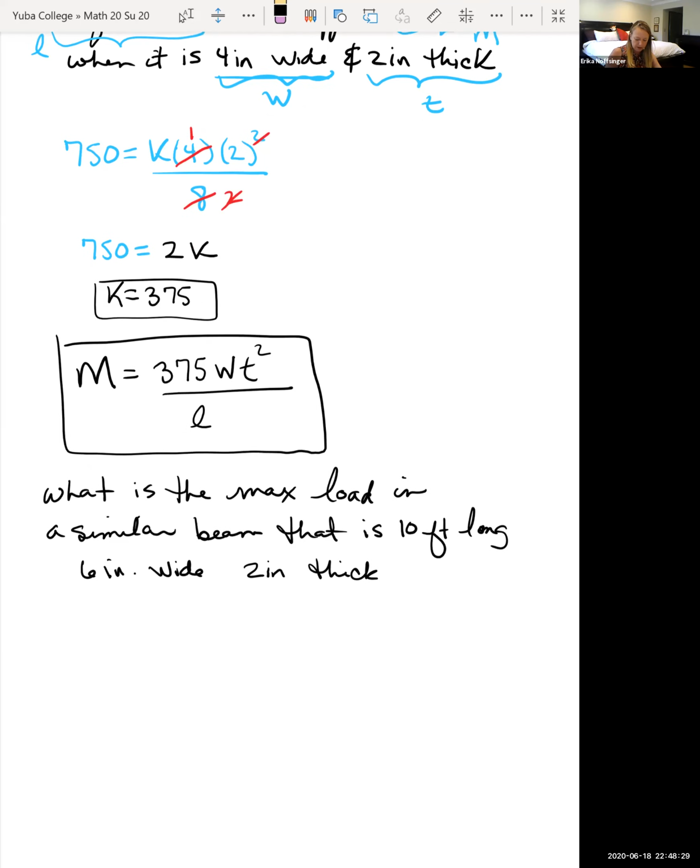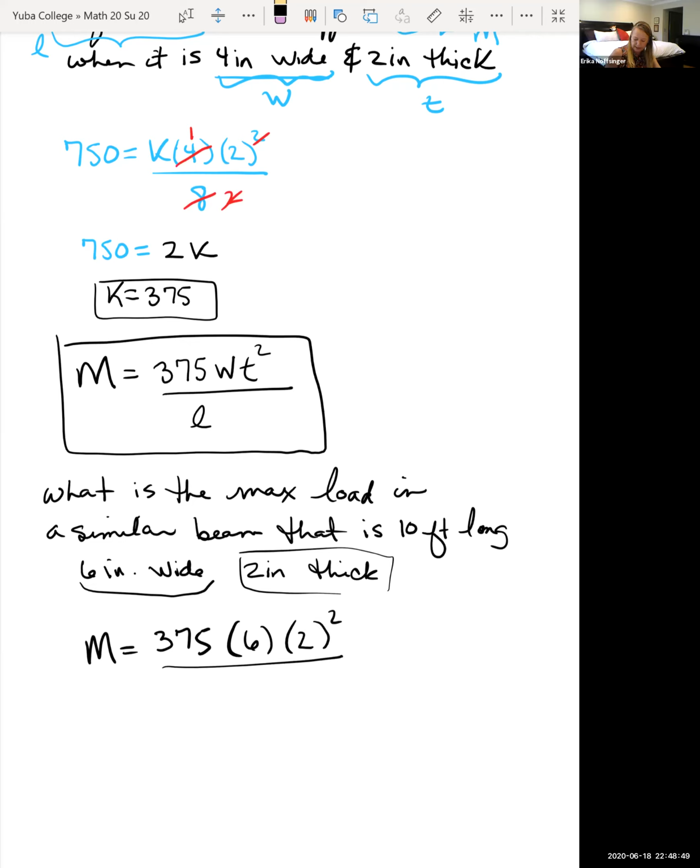So we can find the maximum load is equal to 375 times our width. Our width is 6, so 6 times our thickness. This is our T value, so 2 squared, all over the length, which was 10. So 375 times 6 times 4, all over 10.